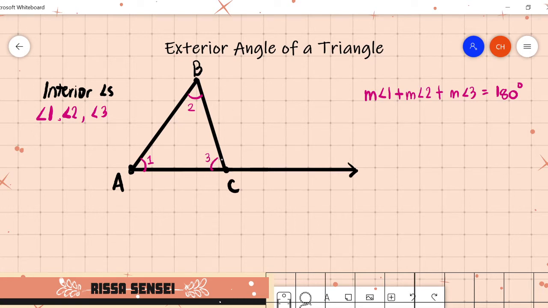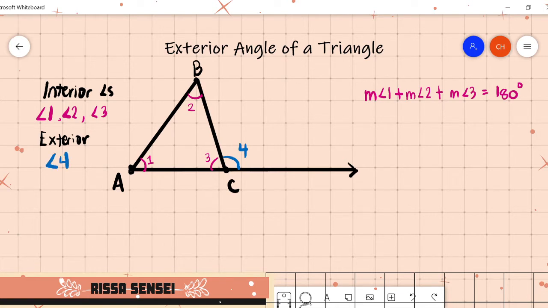So, ito, magkakaroon ng angle dito, which is adjacent to angle 3, and pangalanan natin itong angle 4. Angle 4 is called the exterior angle of this triangle A, B, C.